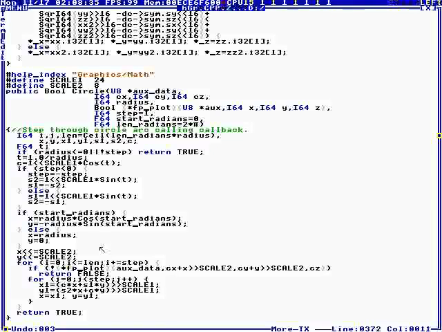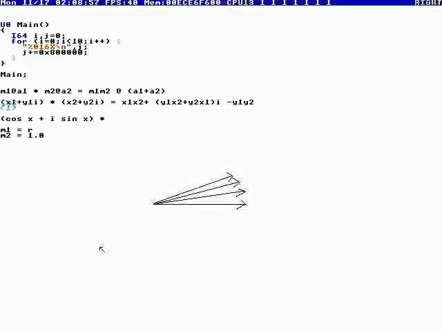Well, anyway, that's, oh shucks. Cosine, we have plus and minus, and this is using fixed point arithmetic. So the new x is cosine. So the new x is this value and this value. The new y is this value and this value. And I'm not explaining this very well, am I? Okay.